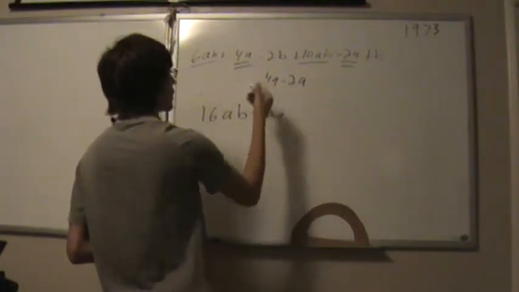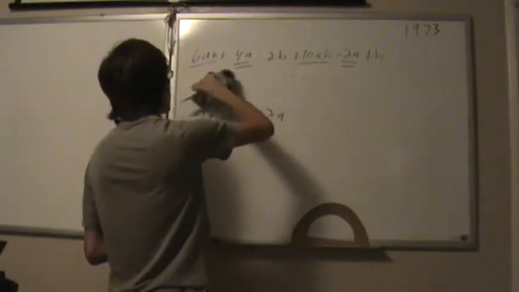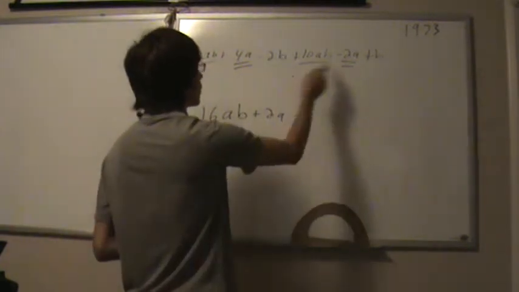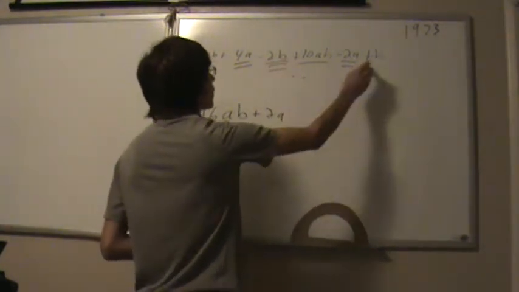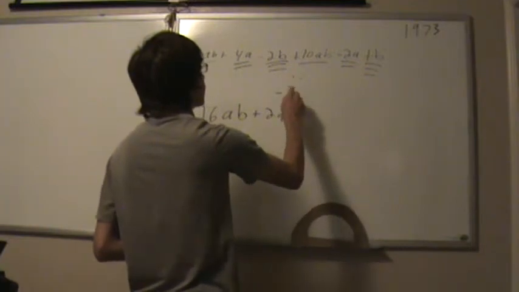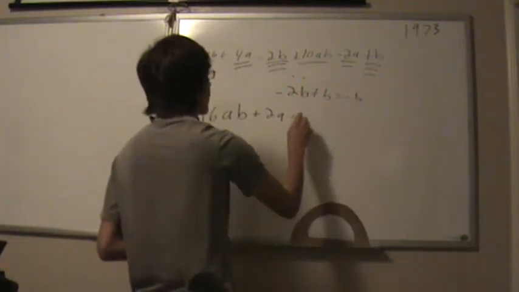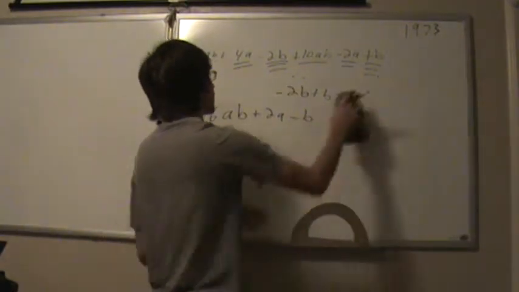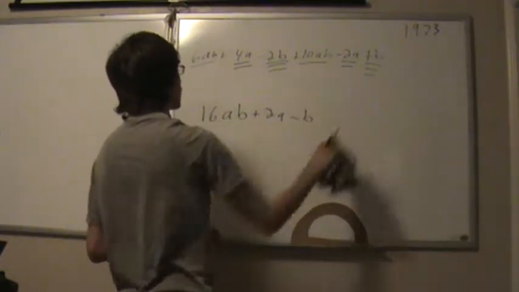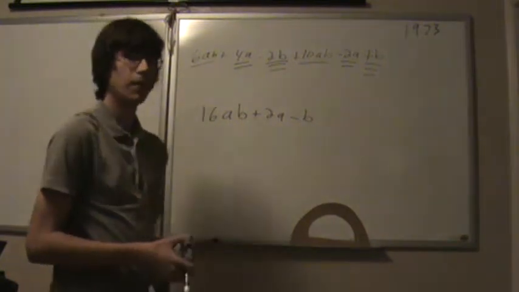Notice it's positive because the 4 is bigger. And then the b's: negative 2b plus b gives us negative b, so that's minus b. And that's as far as we can go with it because there's nothing else that combines.